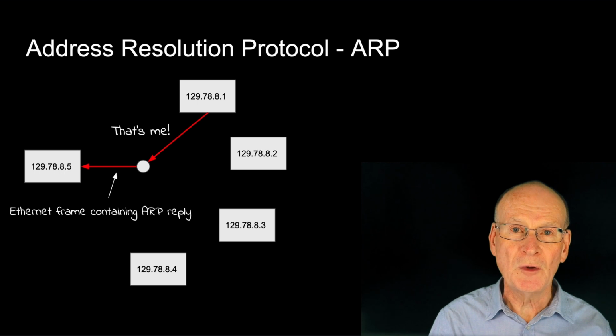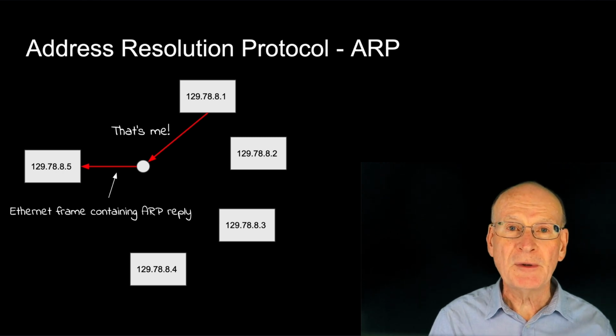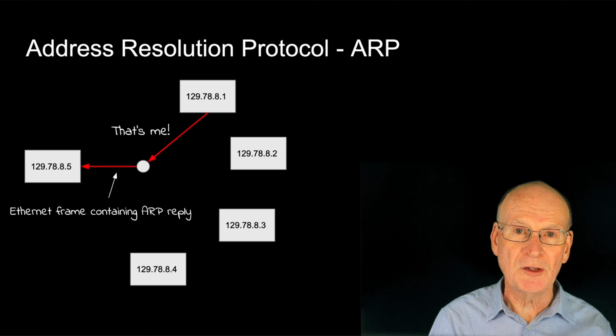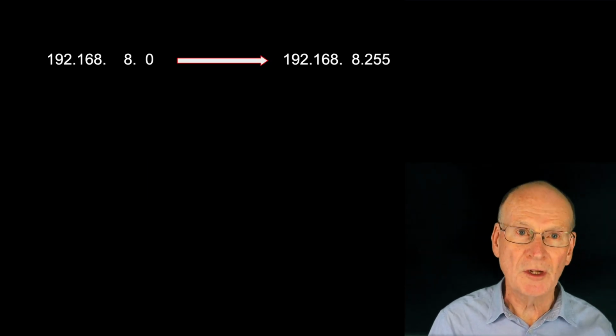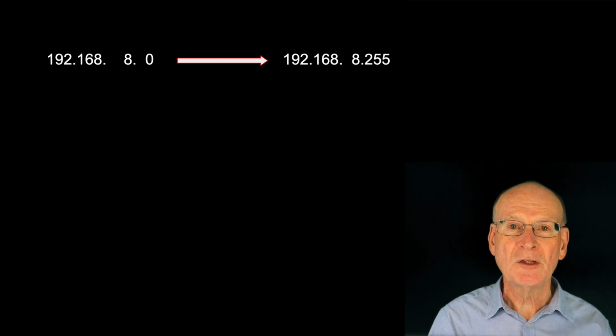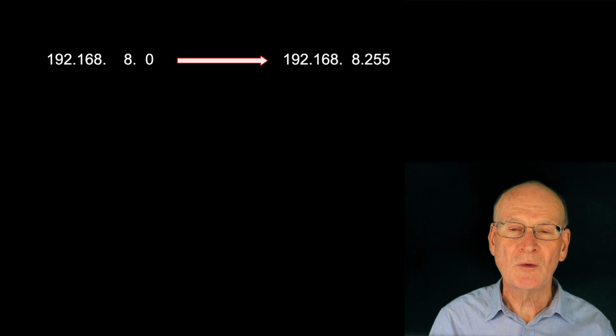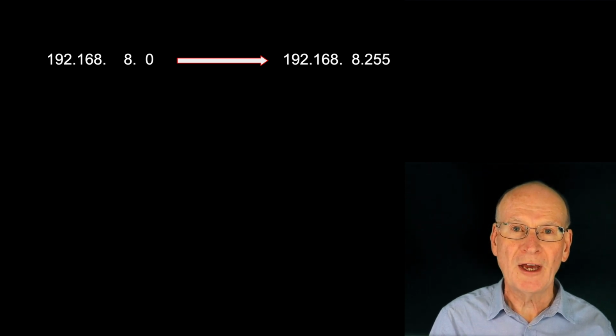And the first node, therefore, in this address block has address 1 as the last bit in the address. So a typical block would be 256 addresses long. So for example, 192.168.8.0 to 192.168.8.255. That's a range of 256. And all the addresses in that block would be found inside this local area network.